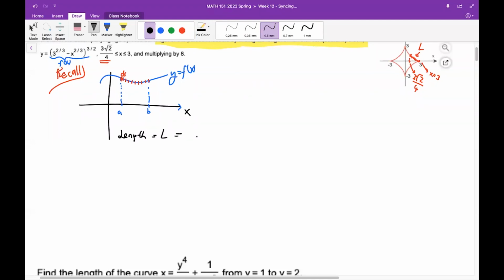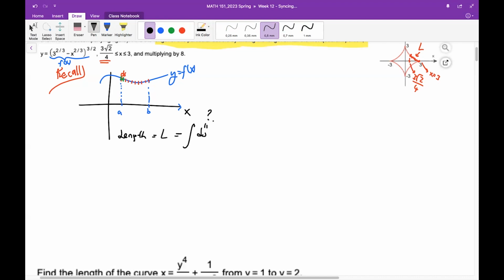Let's denote that with L. And of course, if I divide it into infinitely many small line segments and denote them by ds, how can I sum them all up? Of course, by integrating ds, right? If you integrate ds from this point to this point on the curve, you will of course obtain the total length.